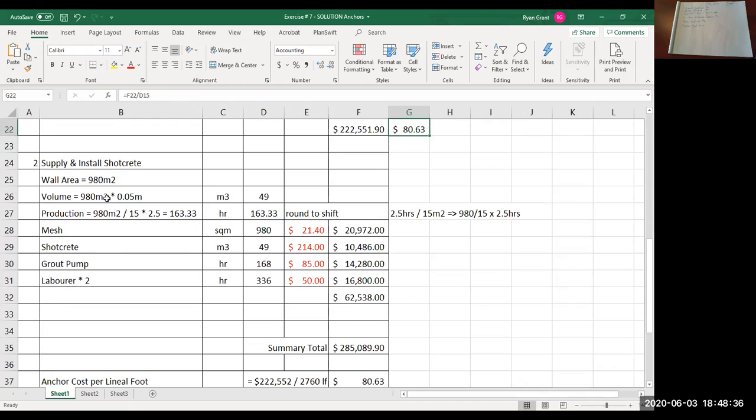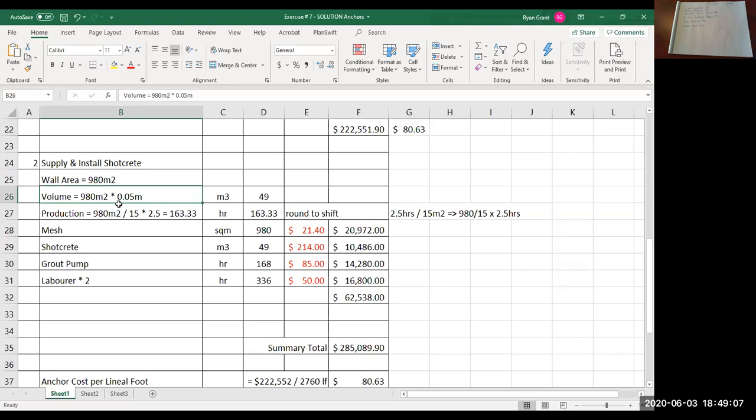So the other item was the shotcrete. We previously calculated the 980 square meters of wall area. The other quantity that we had to calculate was the volume of shotcrete.